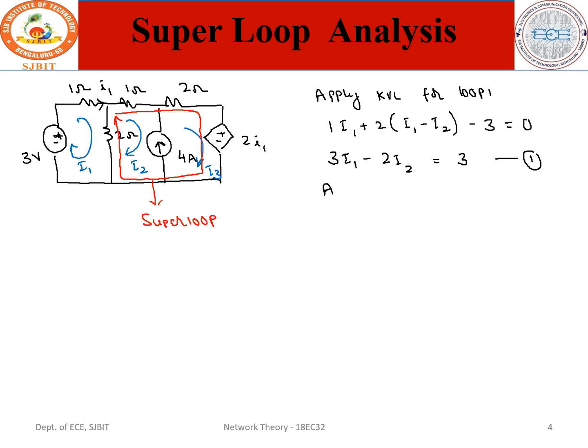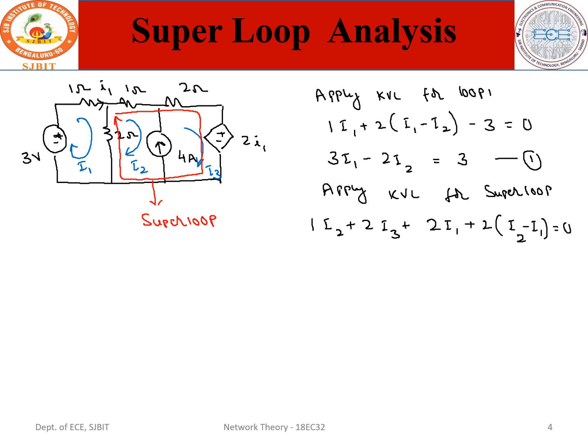Now apply KVL for the super loop. When I apply the KVL for the super loop, we can write the equation like this: 1 into I2 plus 2 into I3 plus 2I1 plus 2 into I2 minus I1 is equal to 0.